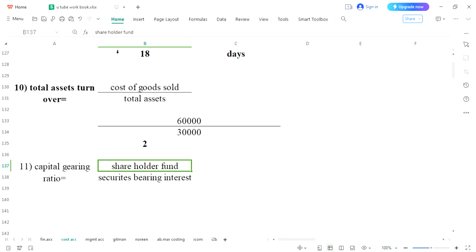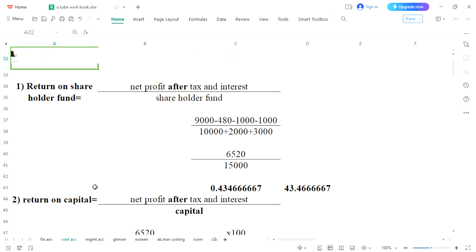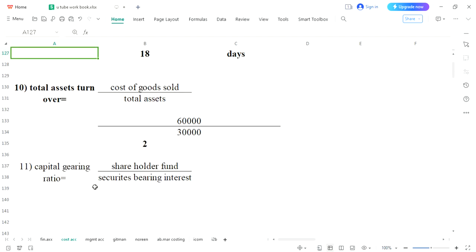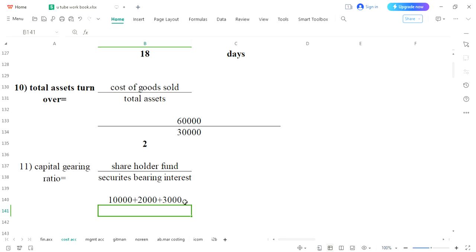Shareholder fund we have already calculated. That means capital, reserve and surplus. You may take it directly, but let's go back to the question. This is your capital 10, reserve 2, and profit 3. So shareholder fund is ready, and here we will put capital 10,000, 2,000 and 3,000.